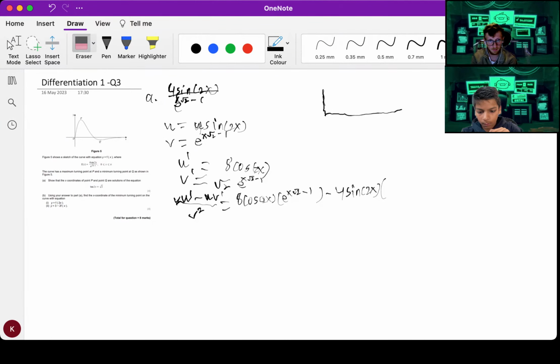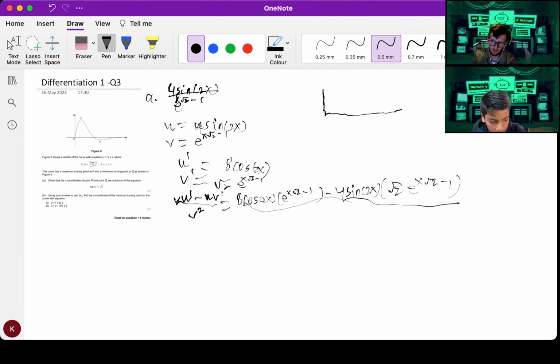Next, we can do that divided by e to the power of 2x root 2 minus 2. You squared it, so you doubled the power. Good, that's spot on.